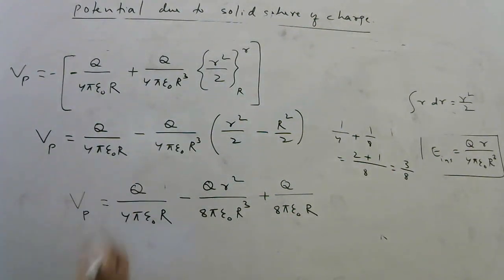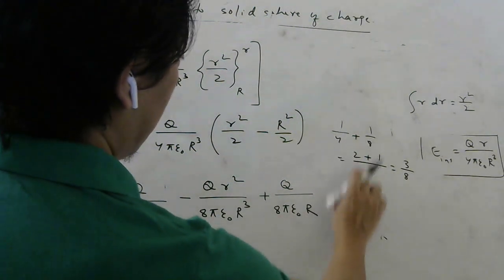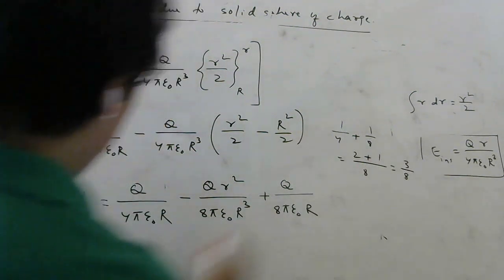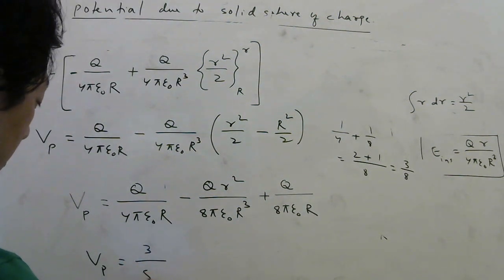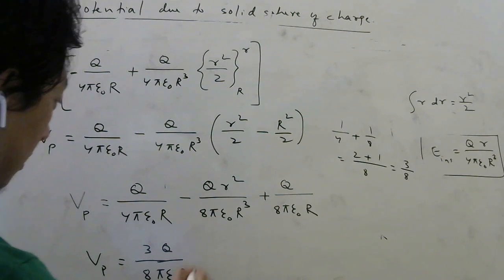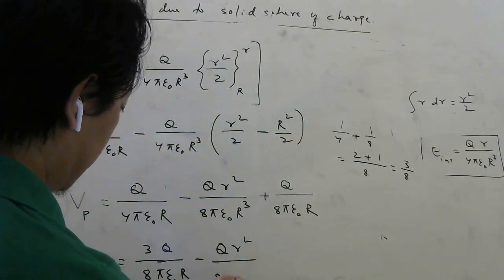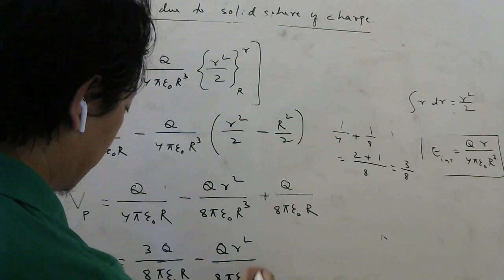So if we further simplify, potential at point P will be, 1 by 4 plus 1 by 8 is, LCM 8, 4 2s are 8, so 3 by 8: 3 by 8 Q by pi epsilon naught R minus Q r squared by 8 pi epsilon naught R cube.